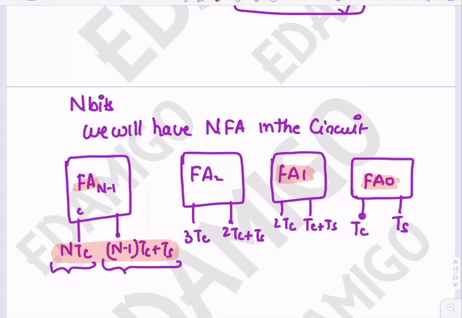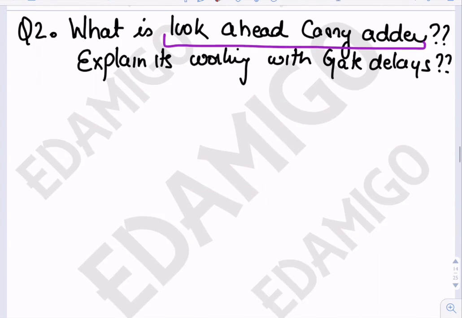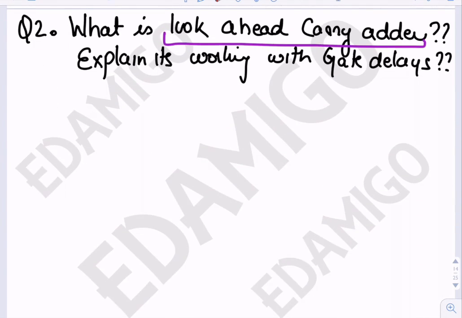Similarly, the full adder n minus 1 has to wait for the previous full adder to finish its working. Okay, because they are waiting for the carry input. Okay, so that problem is solved by look ahead carry adder. Okay, so let's look at the look ahead carry adder.